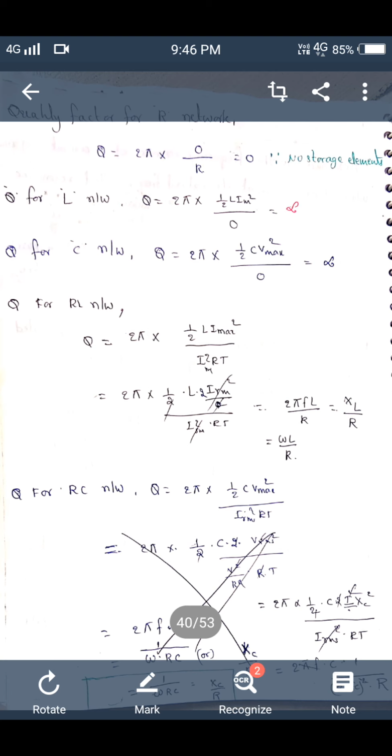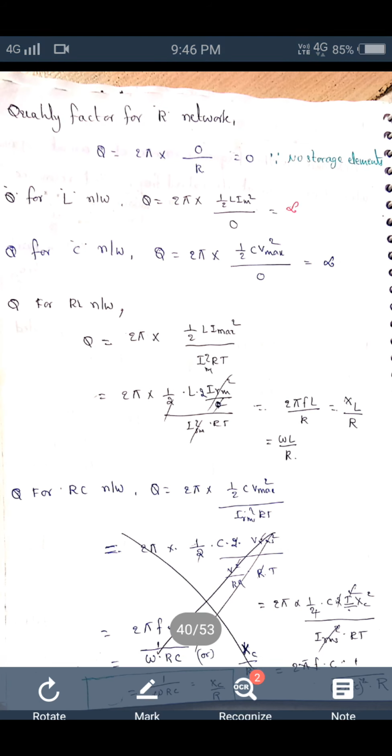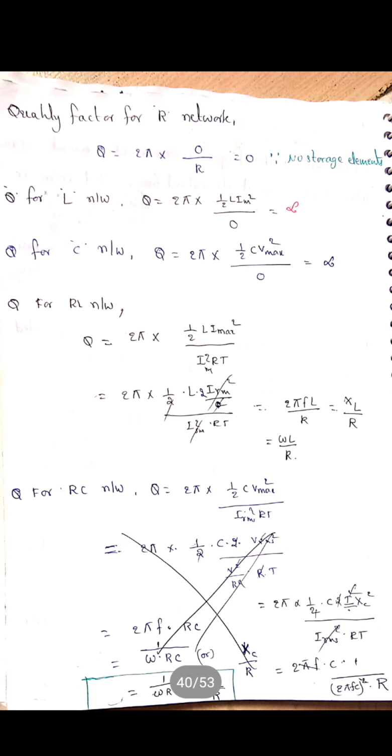Next, quality factor for a series RC network, which is equal to 2 pi into half C V maximum square by I RMS square into R into T. If we simplify, we get 2 pi into half into C into V maximum. This V maximum is across the capacitor. Remember this expression carefully. V maximum across capacitor is equal to I maximum into XC.